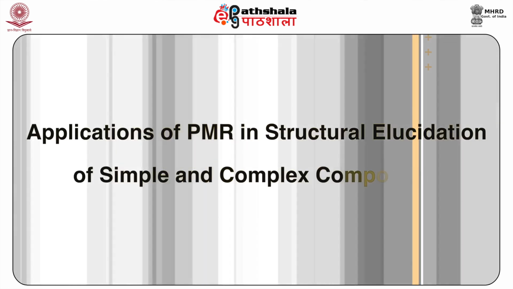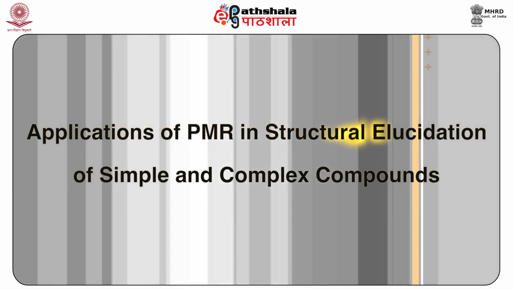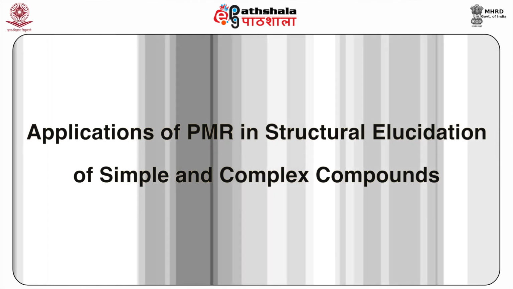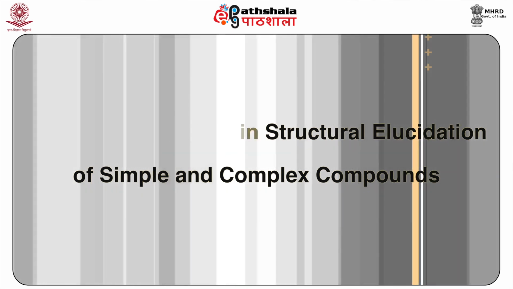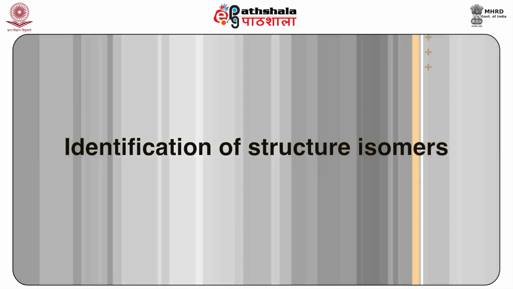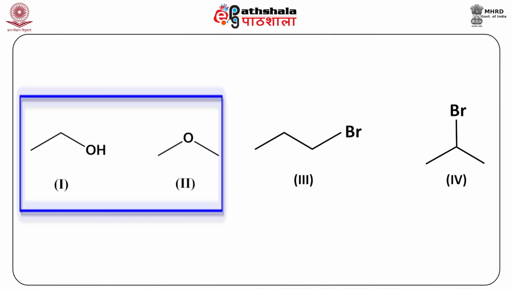Now let us begin with some applications of PMR, that is proton magnetic resonance, or NMR in structural elucidation of simple and complex compounds. We will first in this segment take up the identification of structural isomers. Ethanol and dimethyl ether are functional group isomers and they can be identified by proton NMR spectroscopy.